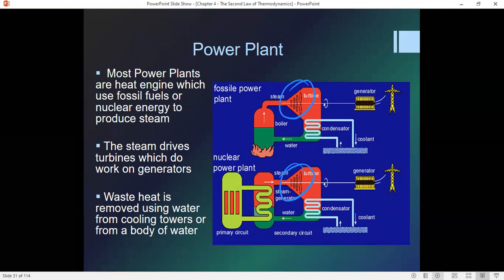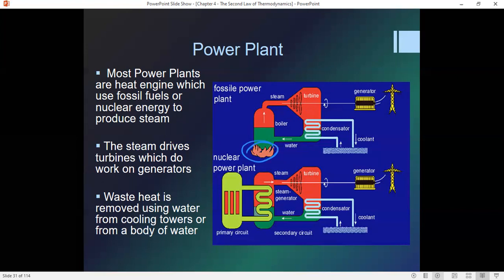But again, you can see that the boiler converts the water into steam. The steam then expands through the turbine. It is then condensed from some outside source and then is recirculated to the boiler, okay? So again, it could be a fossil fuel, which is generating the heat.